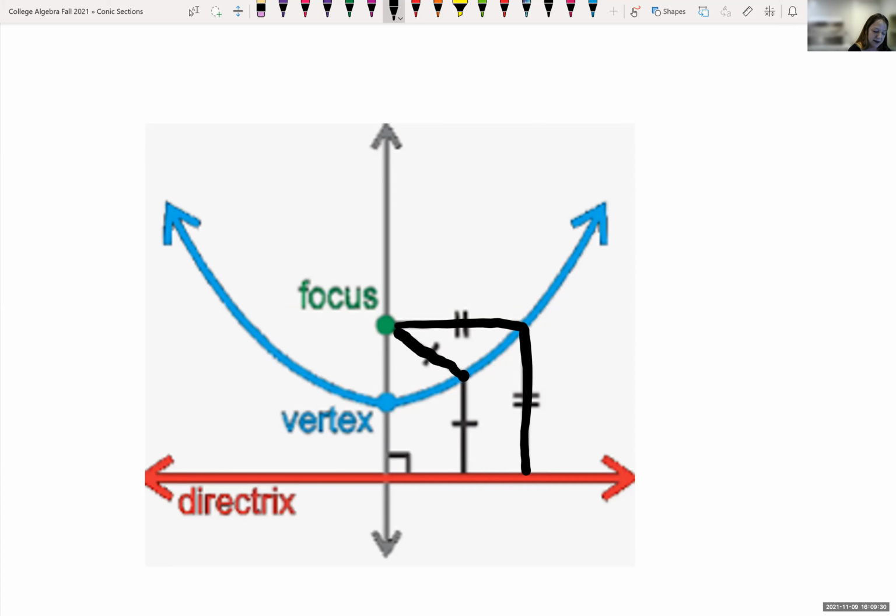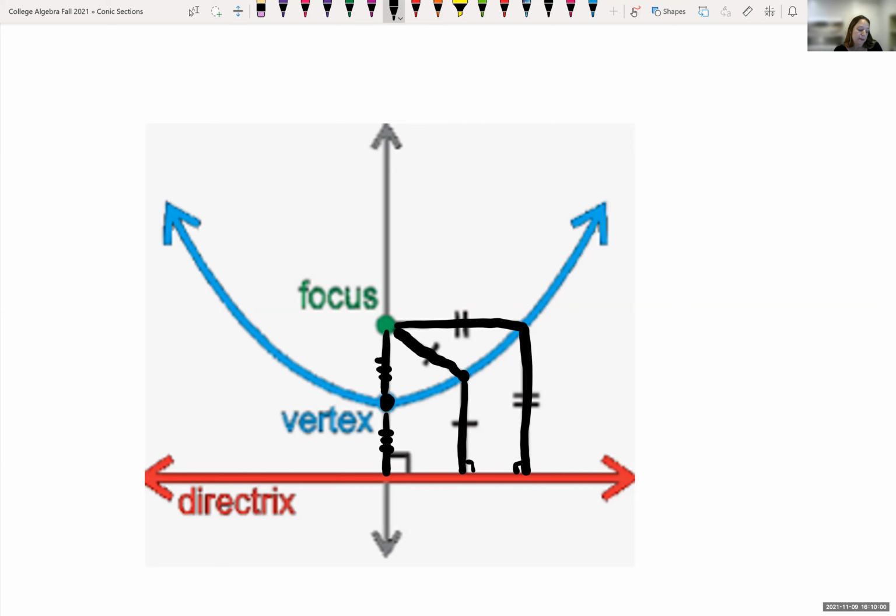That would be the same distance from that point down to our directrix, where this is perpendicular. So right here, this would be the same distance from this point, our vertex to the focus, down to the directrix. So we could do that with any point on that parabola.